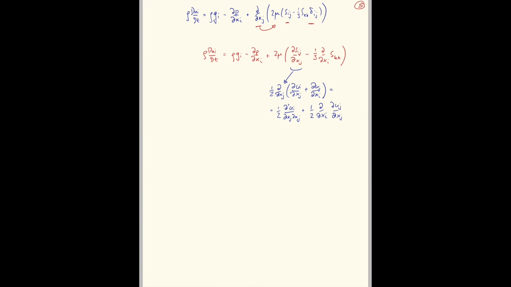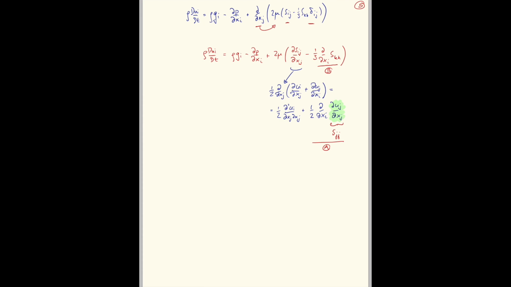And now remember that duj dxj is nothing else but Sjj. So we can see that this term A will combine with this term up here, B.